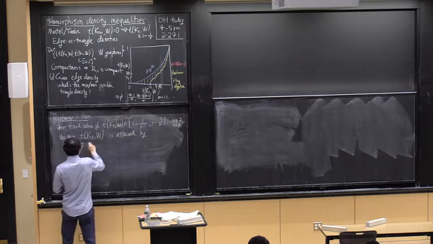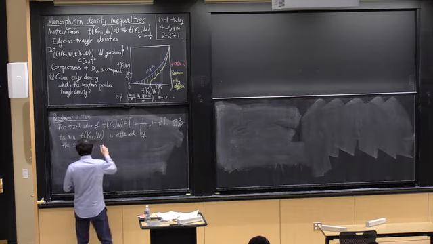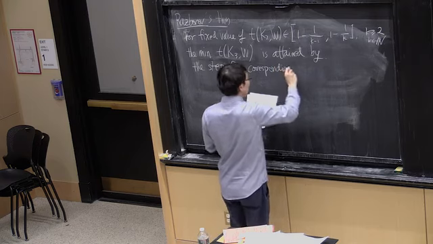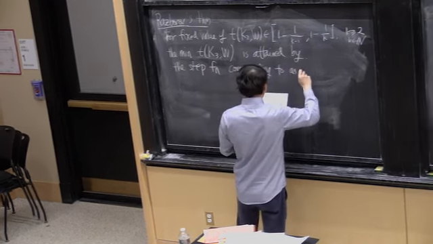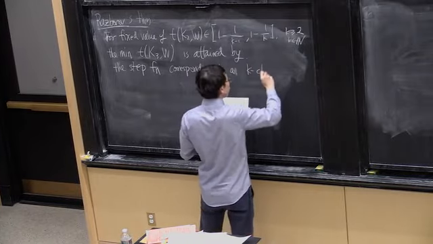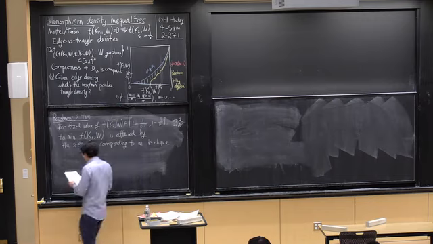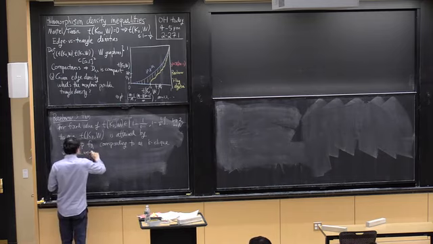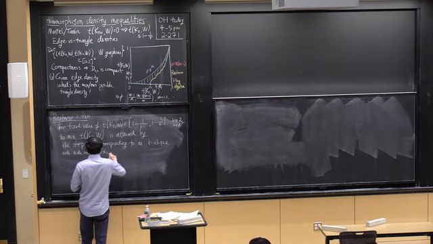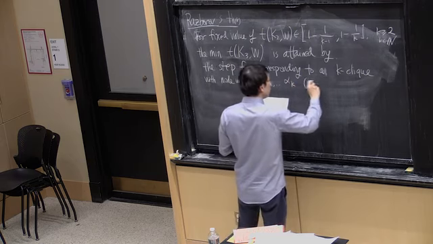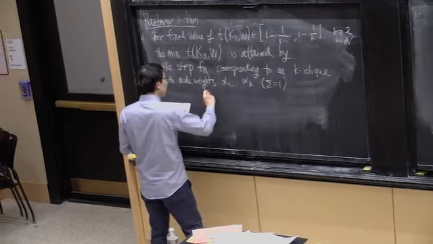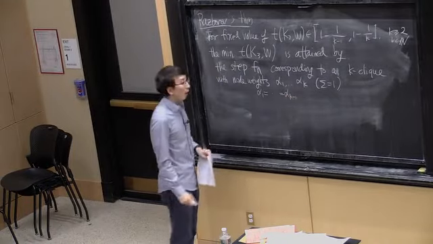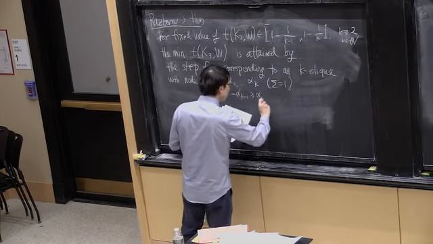It is attained by the step function, the graphon, corresponding to a k-clique, a complete graph on k vertices with node weights alpha 1 through alpha k, summing to 1, and such that the first k minus 1 of the node weights are equal, and the last one is smaller.